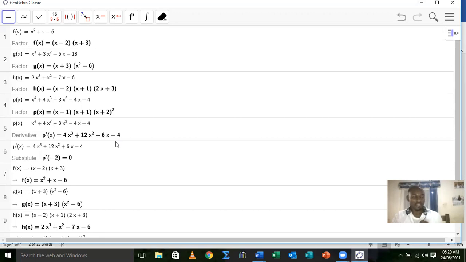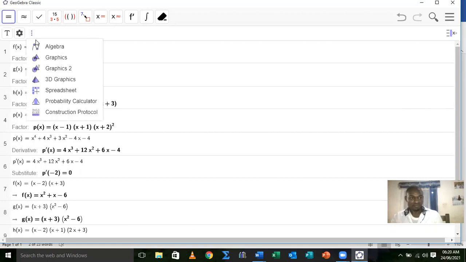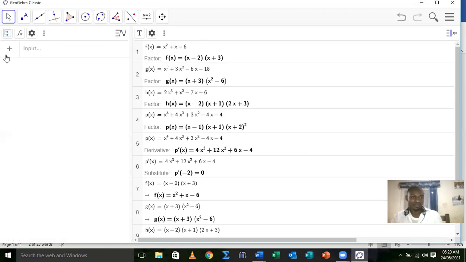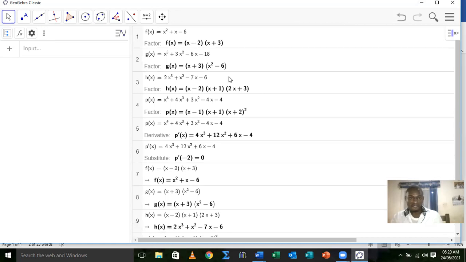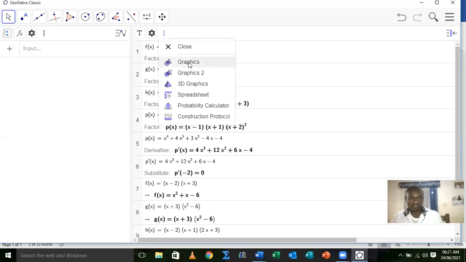To be able to verify this, we go back to this menu, we click, we bring in the algebra room. We still click there, and we bring in the graphic room.